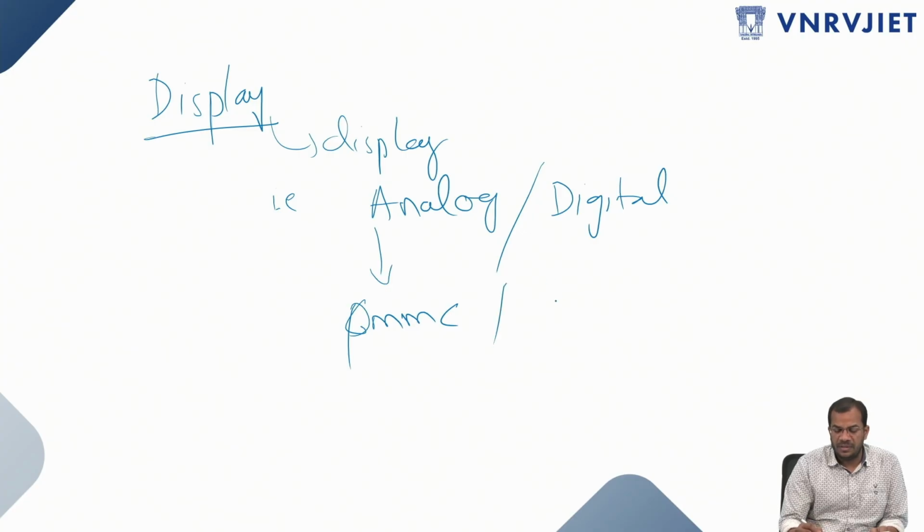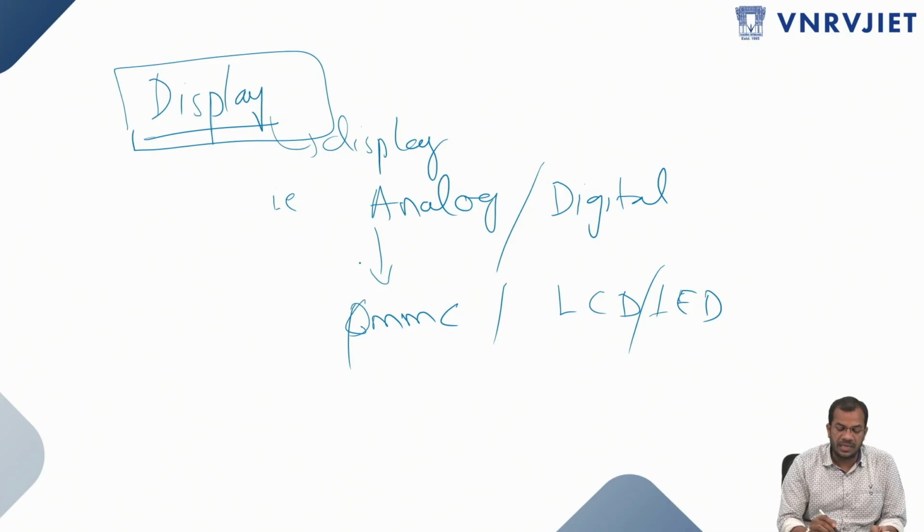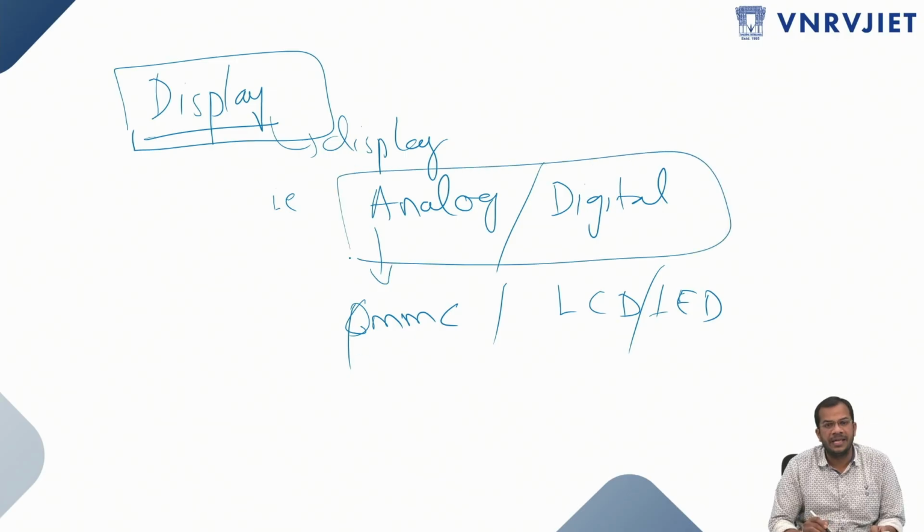You have LCD, LED, etc. So whatever output you are getting from the third block, that is from the signal conditioning unit, will be displayed here in the display part. It should be in such a way that these systems should be able to take it and give the output. That is the main important task of your display.